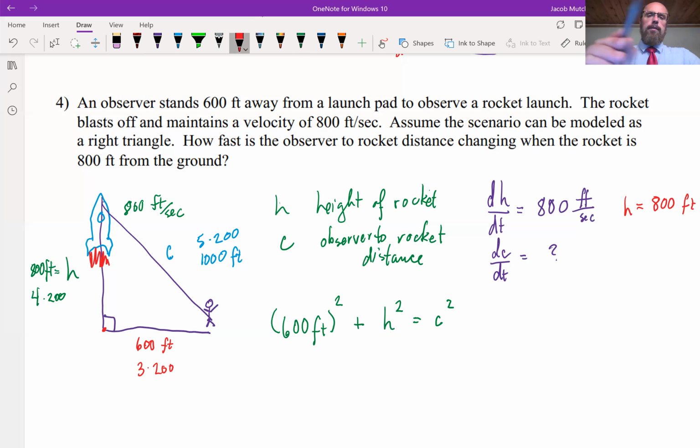So at that point, I've got a good relationship between my two variables, and to find the rates that are involved, I'm going to take the derivative of the entire equation. So I'll apply the derivative to each term here. So the derivative of 600 feet squared, 360,000 feet squared, is going to be 0.